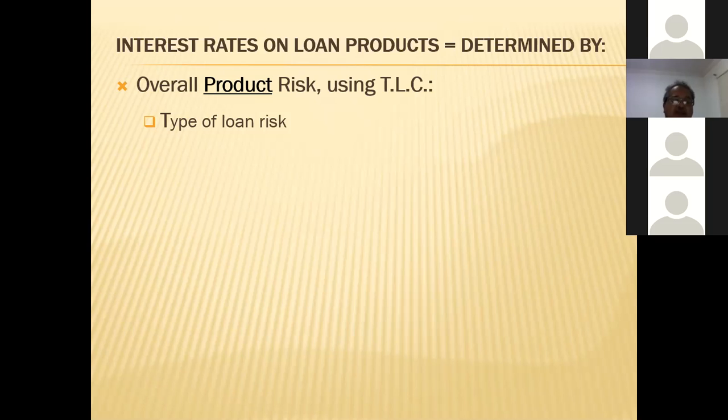But generally speaking, very seldom do we take security over overdrafts and consumer loans or personal loans. And so we call them unsecured loans or unsecured risks. And so they would normally tend to have a higher interest rate. The interest rate on those would tend to be higher because they're more risky.